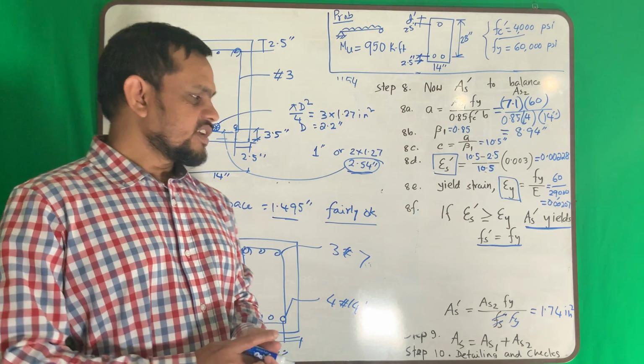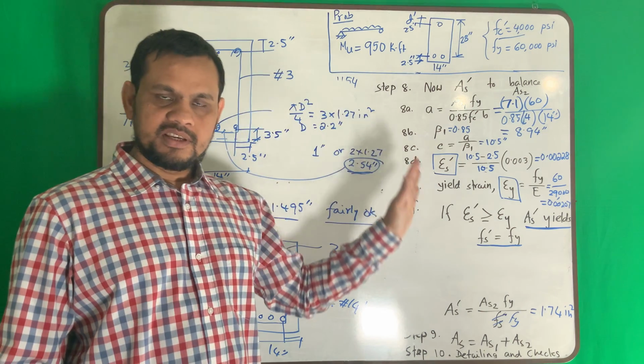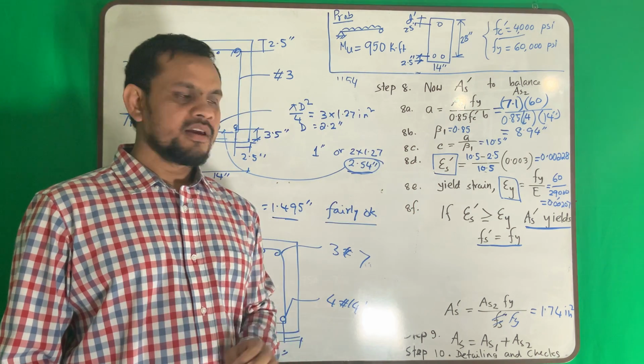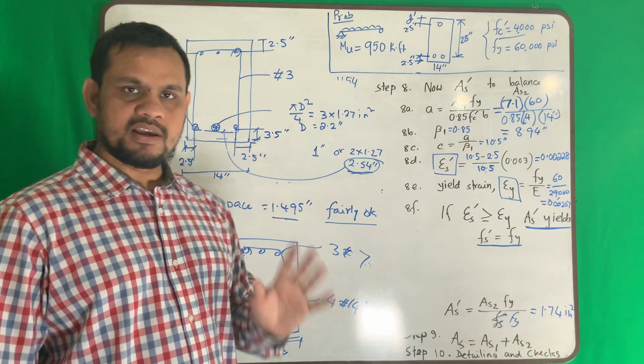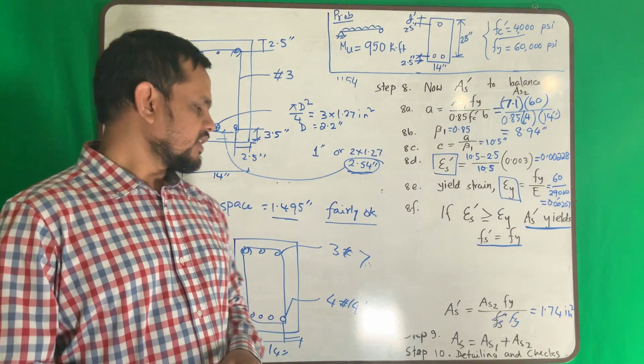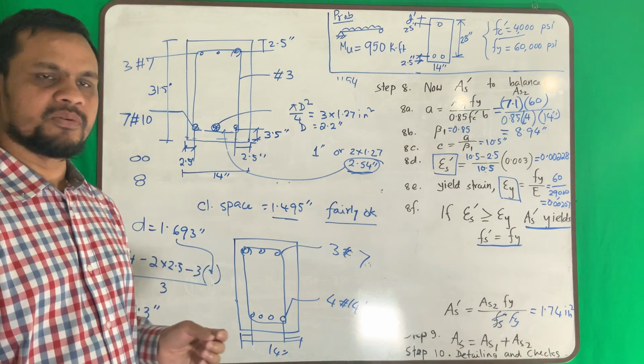So I will conclude this example here. Again, to summarize, I gave you the steps, follow the steps, and then you can solve the problem. Finally, detailing takes time and passion. So that is not our part, but I tried to give you some insight what to do.